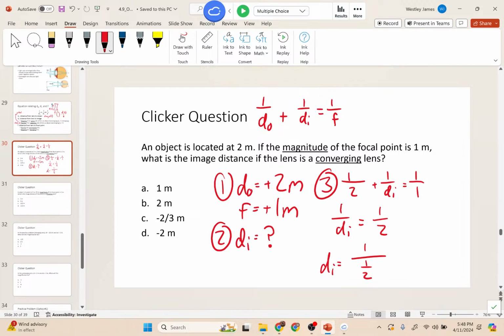So for example, if you want to solve for f in this equation, f is 1 over (1 over DO plus 1 over DI). If you want to solve for DO, it's 1 over (1 over f minus 1 over DI), and so on. Long story short, no matter what in these problems, you're going to end up doing 1 over something at the end. And 1 over 1/2 is positive 2.